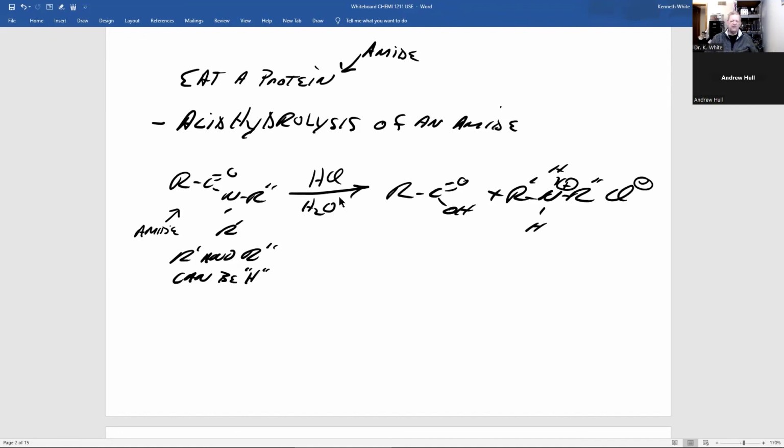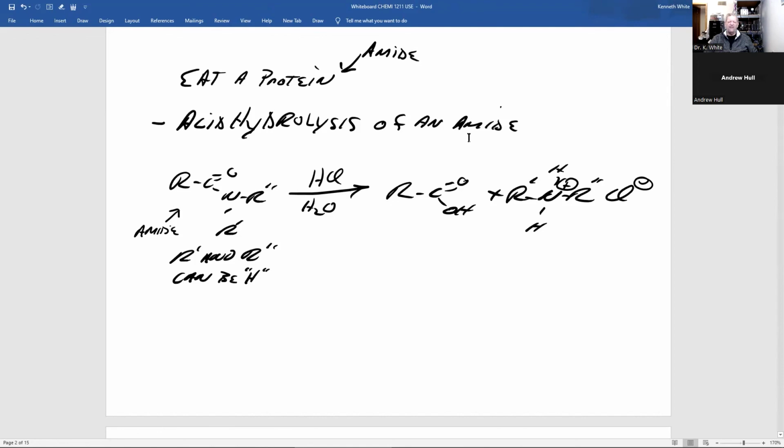So, how do you describe with words and a general reaction what happens in your stomach when you eat a protein? The key functional group in a protein holding amino acids together is an amide. And therefore, we have acid hydrolysis of an amide.